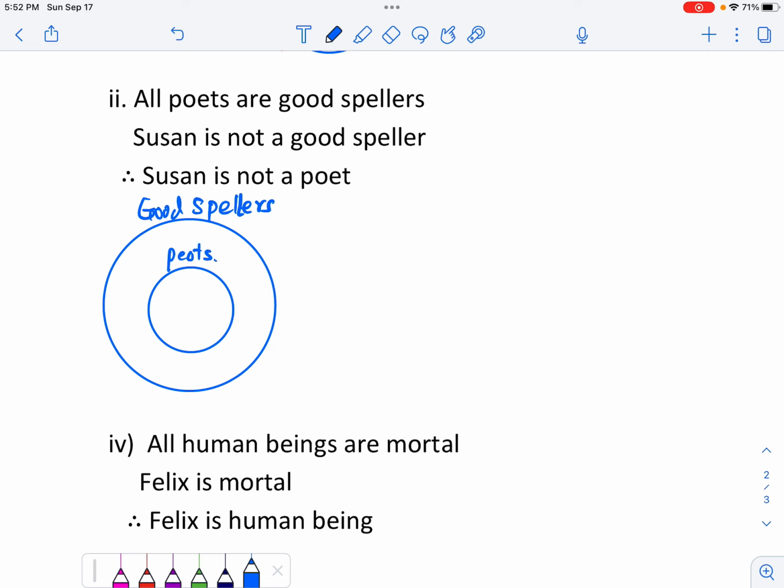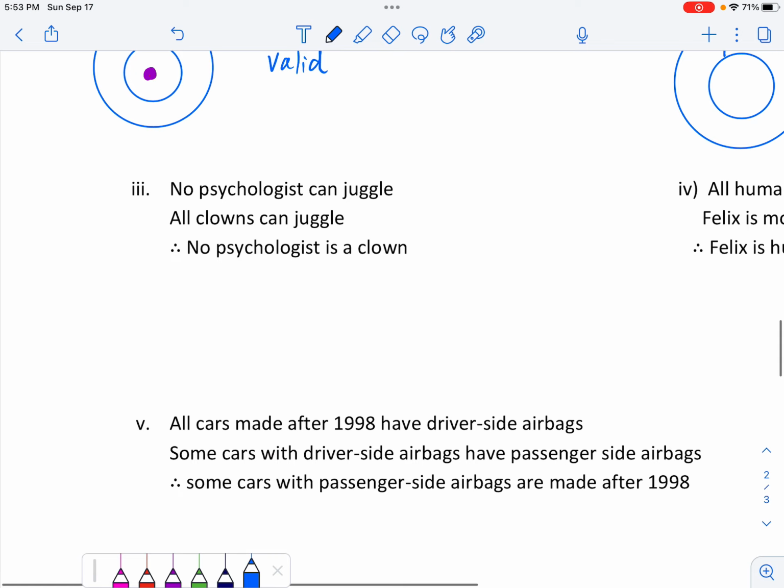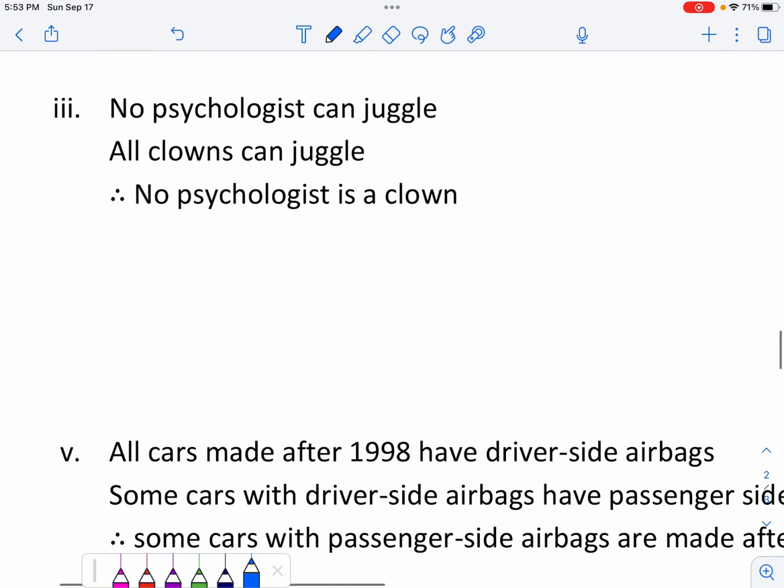Okay, and now Susan is not a good speller, so when you represent this, Susan has to be outside the good spellers. Therefore Susan is not a poet. Do you see that Susan is not a poet? This is true, right? So valid. You can see the relationship here through the diagrams.